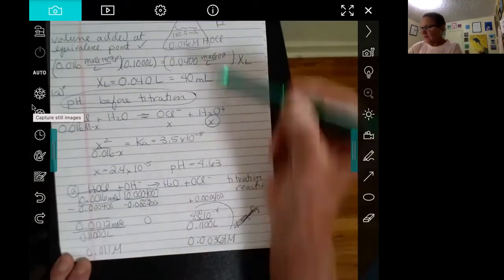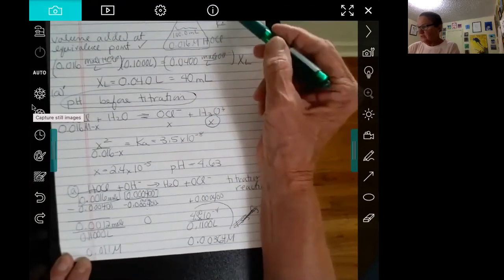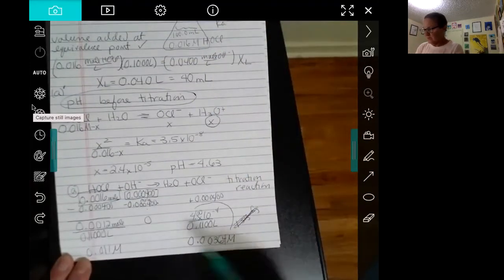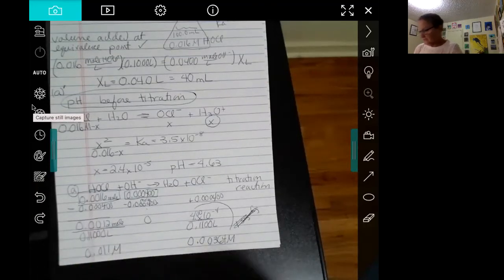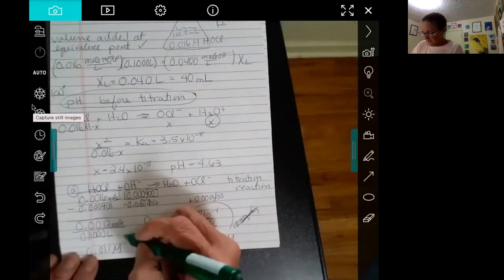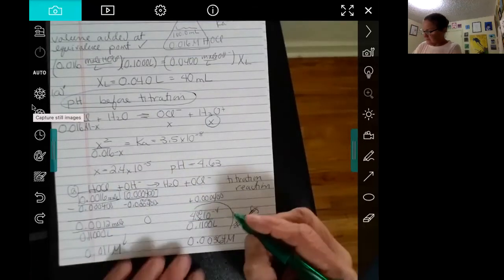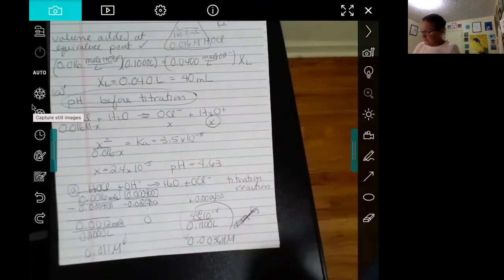So now I have the 100 milliliters plus the 10 milliliters I've added at point A, so I have a total volume of 0.1100 liters. And so I got the concentration for the weak acid and the concentration for the conjugate base after the titration.